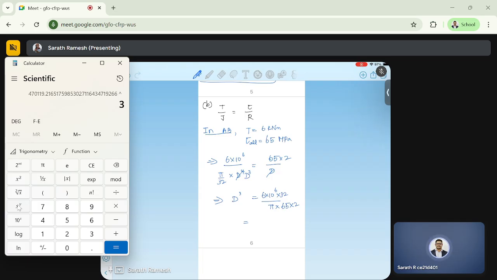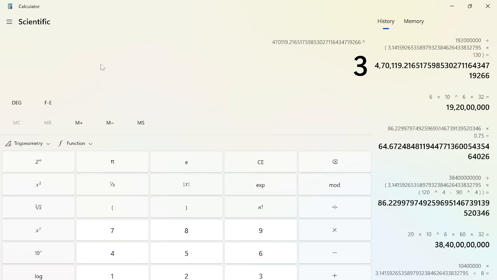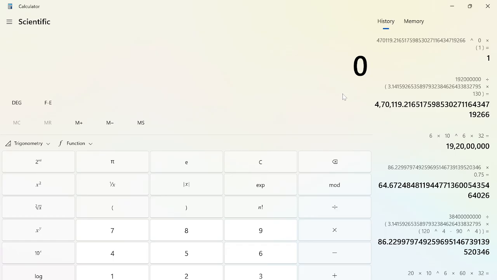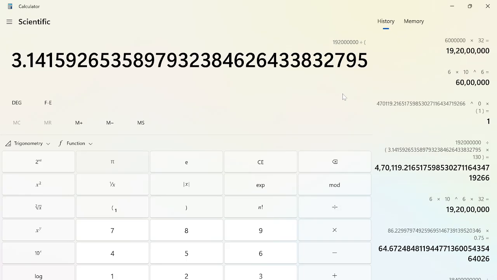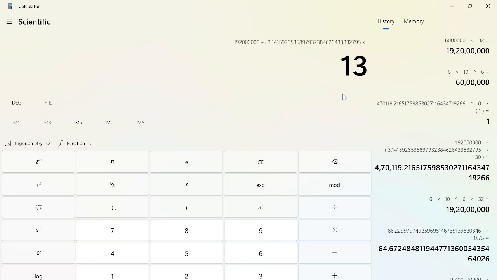No, no. I have to do, sorry. 6 into 10 to the power 6 into 32 divided by pi into 130. We should have utmost concentration while doing this.